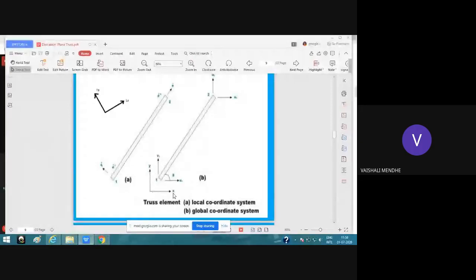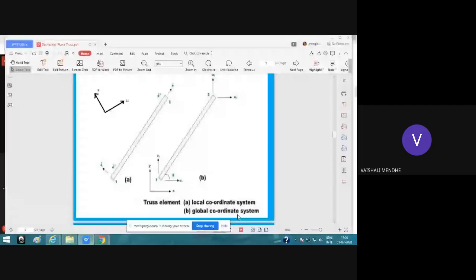But in the case of the local coordinate system, there will be displacement at node 1 and node 2 along only the X direction, along that member. Because in this case, we are showing the displacement in the local coordinate system. But in the second figure, we are showing the displacement of node 1 and node 2 in the global coordinate system.